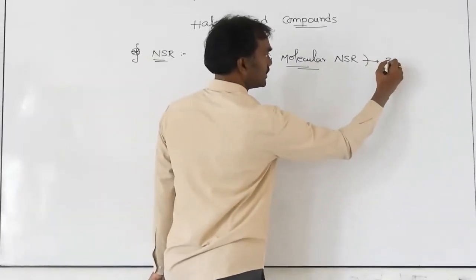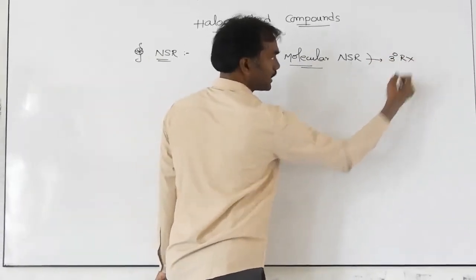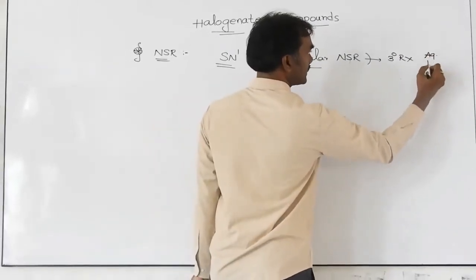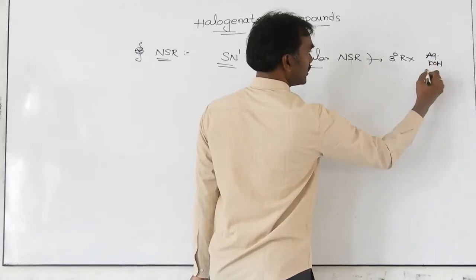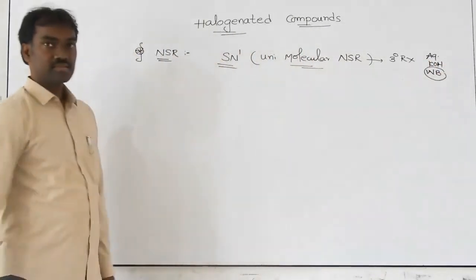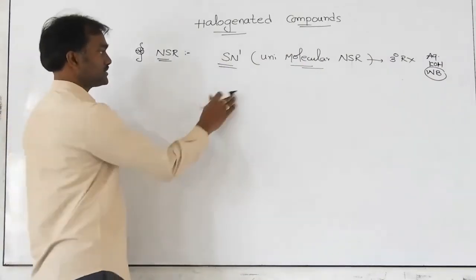It is observed in tertiary alkyl halide in the presence of aqueous KOH. That is a weak base.